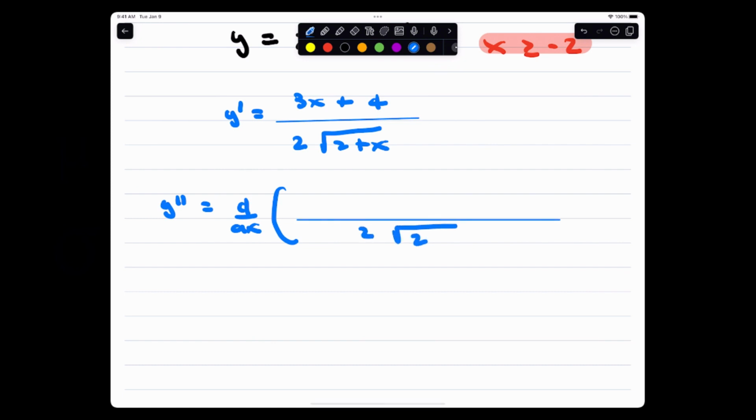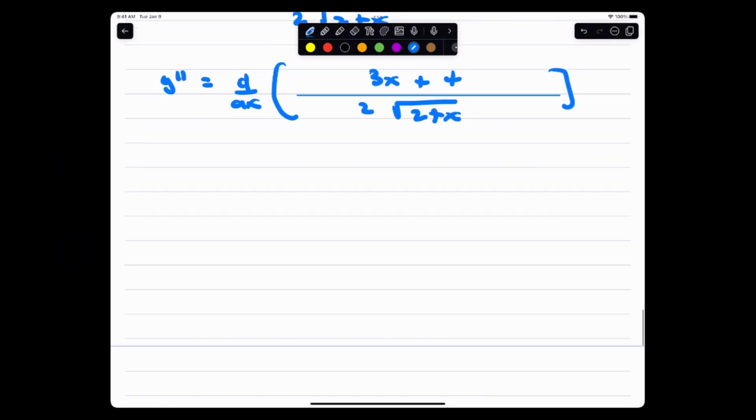3x plus 4 over 2 square root of 2 plus x. Okay, quotient rule.